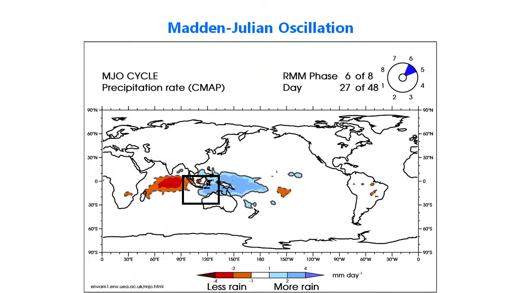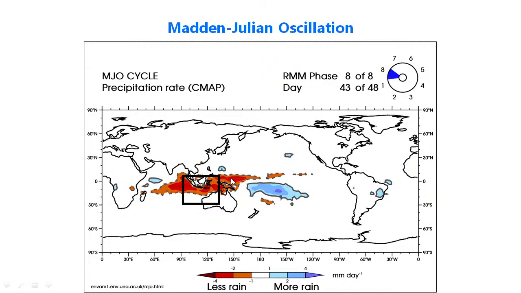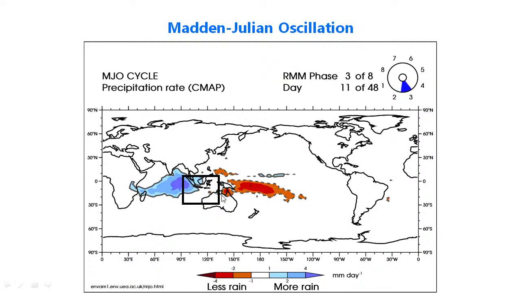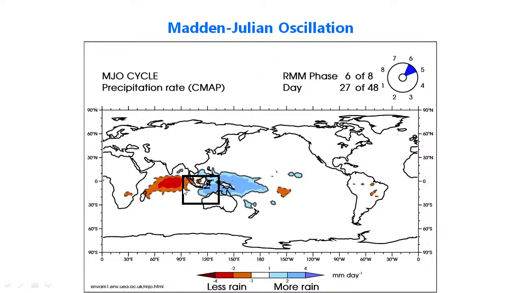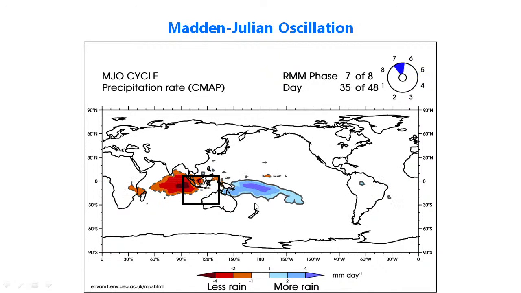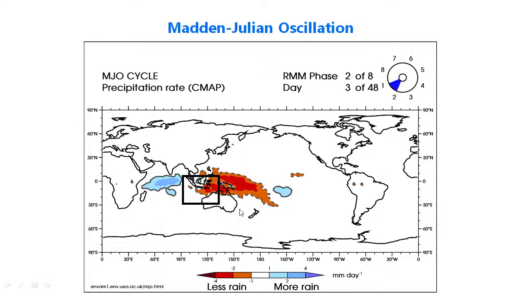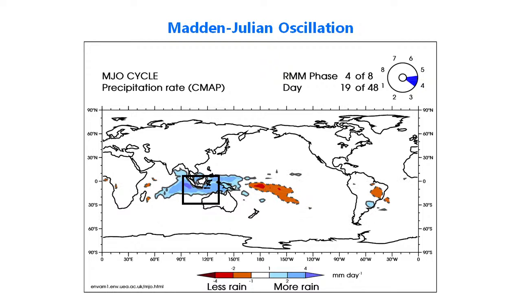The field pattern in this animation is a composite picture of the MJO cycle, and the field corresponds to precipitation, and associated with this precipitation we have wind also. The moving blue patch corresponds to heavy rain and a low pressure area, and the red patch is associated with a high pressure area.